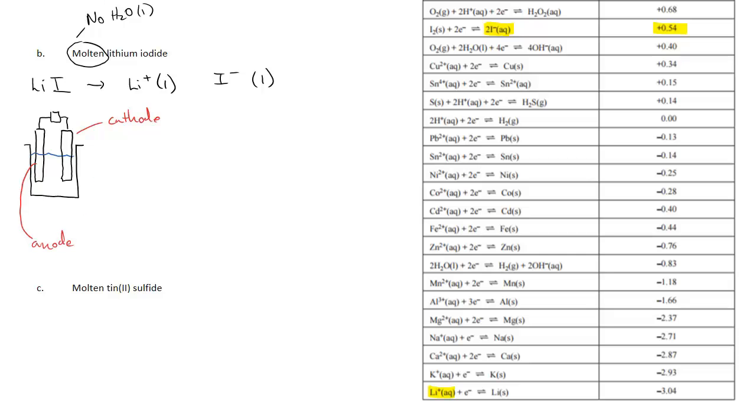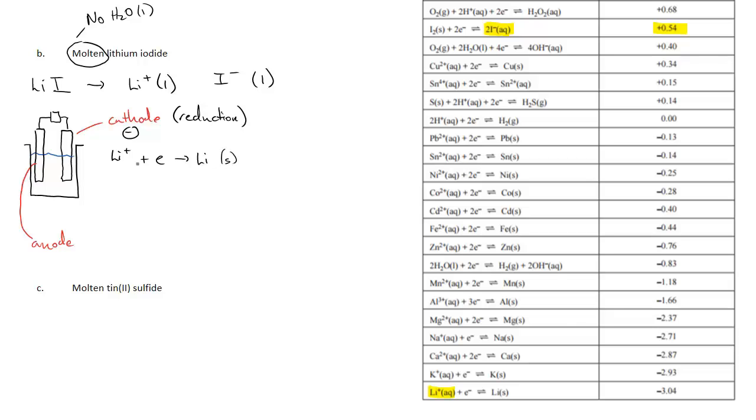So at the cathode, we have the gaining of electrons, okay, because it's reduction. The polarity of electrolysis at the anode is always going to be negative. And so the reaction that takes place there at the cathode is that lithium plus electrons is going to turn into lithium solid.